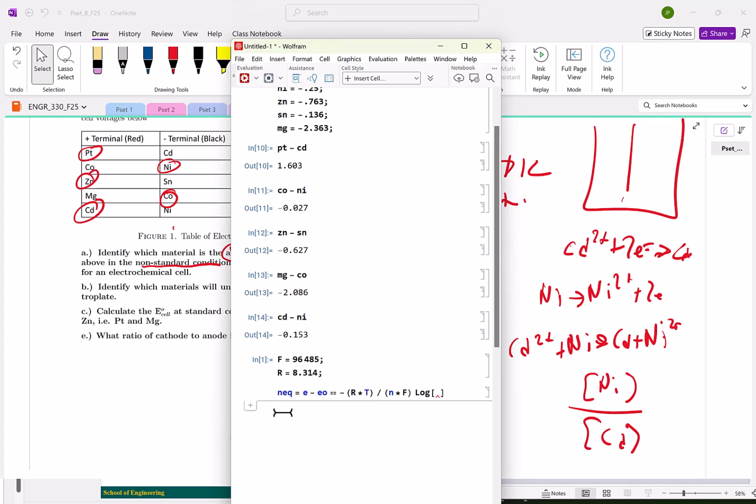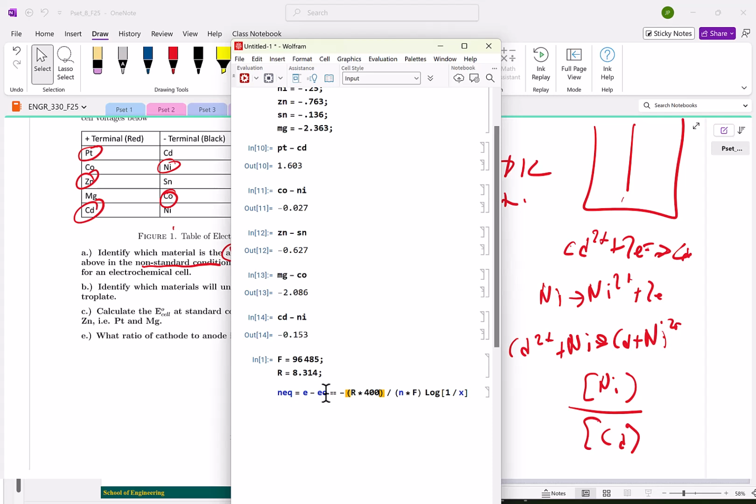For the Nernst equation, log of, basically we want 1 over x, because we want the ratio of cathode to anode, not anode to cathode. Temperature is equal to 400 K, set at the outset of the problem.